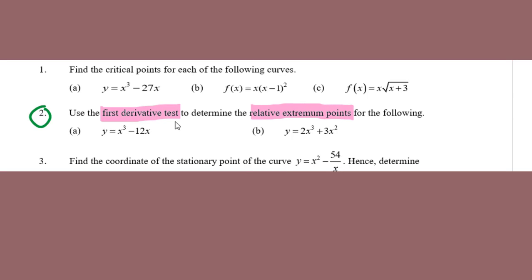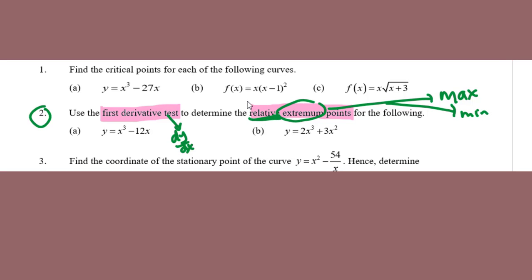Number 2, use the first derivative test to determine the relative extrema points. The first derivative test is dy/dx. Relative extremum: extremum refers to maximum or minimum, and relative refers to that local area. First, differentiate y with respect to x, find when dy/dx is equal to 0, find the value of x, and using the first derivative dy/dx, check whether the gradient is increasing or decreasing.